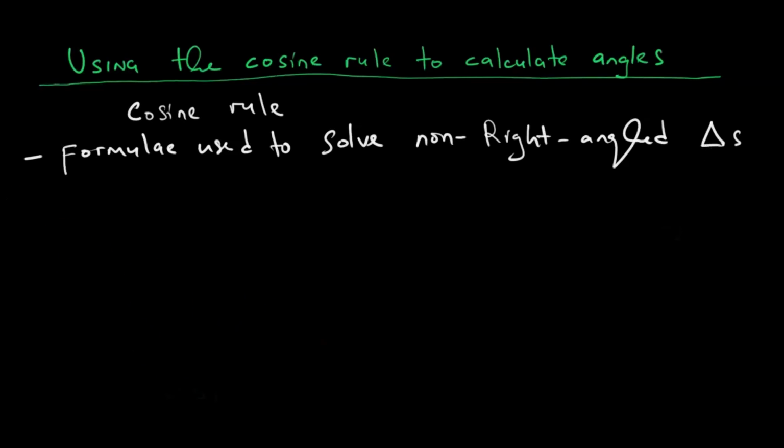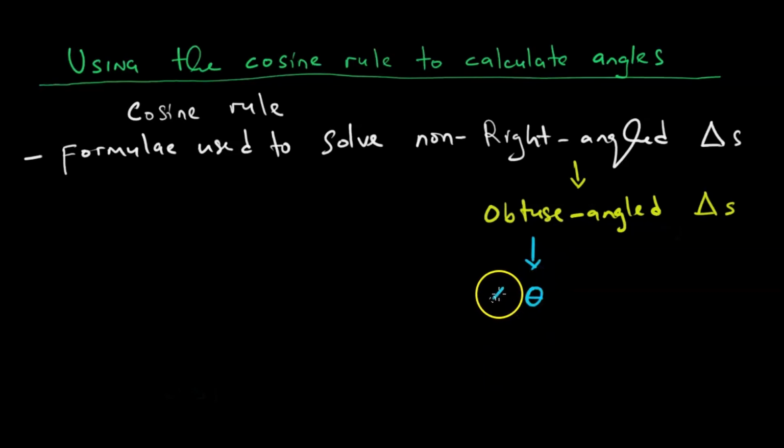When we talk about non-right angled triangles, basically we are talking about obtuse angled triangles, and when we talk about an obtuse angle, we are talking about the angle theta, which is greater than 90 degrees but less than 180 degrees.